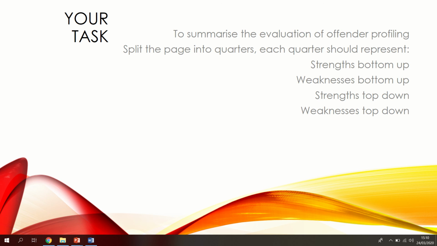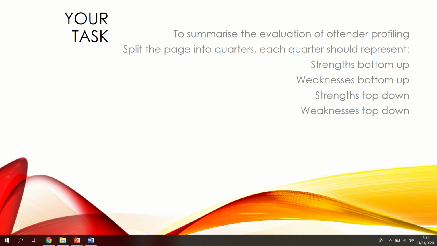Now, this is very important. Over pages 81, 82, 83, 84 and 85 in your booklets, you will see there is a lot of information about offender profiling. There's a lot of information about how useful it is, whether geographical profiling is useful, whether it works, if there are problems with the FBI's approach, problems with the top-down approach, problems with the bottom-up approach, and any other evaluation issues surrounding offender profiling.